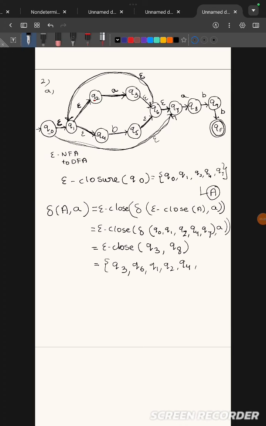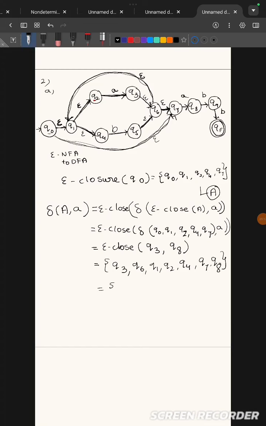But Q6 is having an epsilon transition to Q7. And obviously we have to include Q8 also over here.